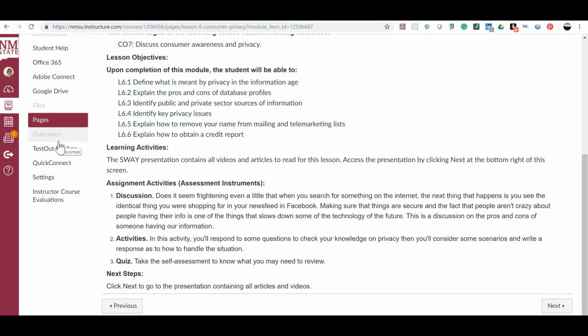It takes a little getting used to, and it does make you concerned about what they're picking up from your browsing on the internet. How to make sure that things are secure is very important, and we'll talk about the pros and cons.